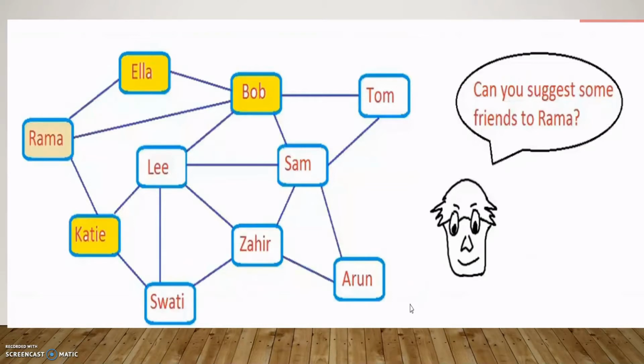In this example, you can see that a person named Rama has friendship with Ila, Bob, and Katie. But if I need to suggest friends to Rama, then a friend-of-friend suggestion should be made, with the adjacent linked nodes like Lee, Swati, Zahir, Sam, and Tom. These are the friend recommendations for Rama.